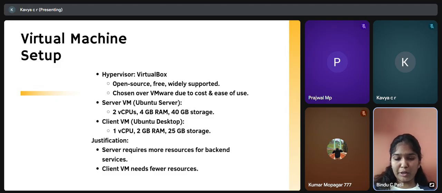It is an Ubuntu desktop, allocating 1 vCPU, 2 GB RAM and 25 GB storage. It also simulates user app interaction. Justification: more resources are given to the server VM because it handles heavier backend loads, and the client VM requires fewer resources.